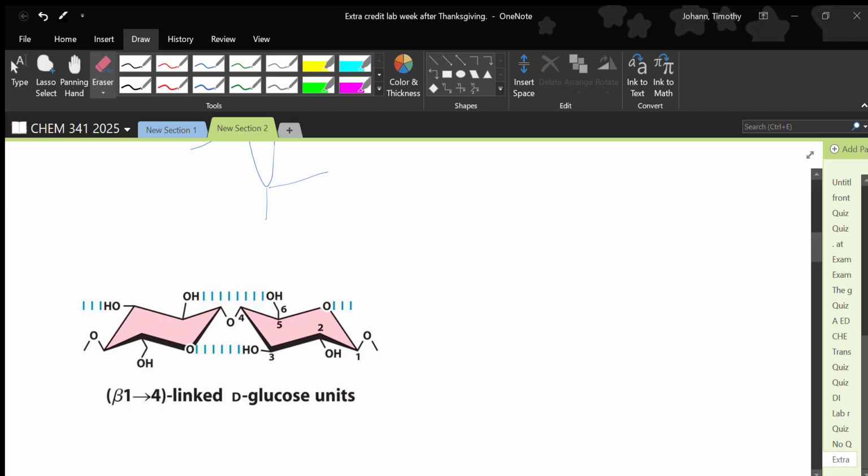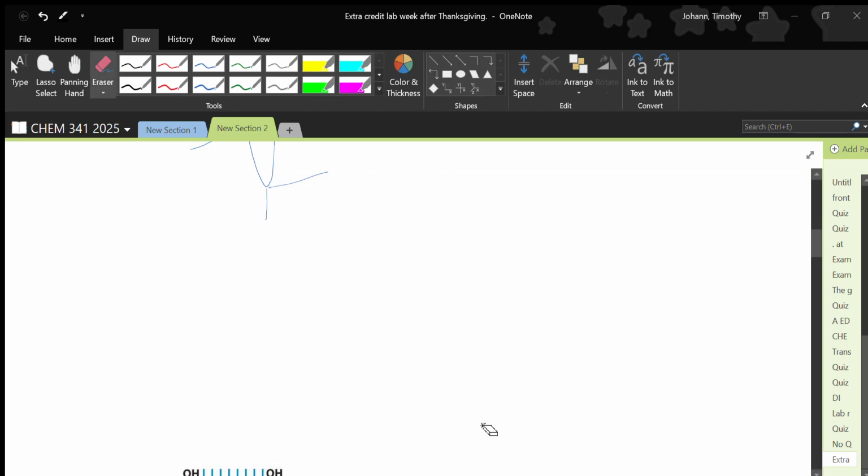All right, then let's go back and talk about some of our polymers here. It's coming up on Thanksgiving, so let's talk about gravy. Plants have a carbohydrate polymer, which is a mixture of amylose and amylopectin.